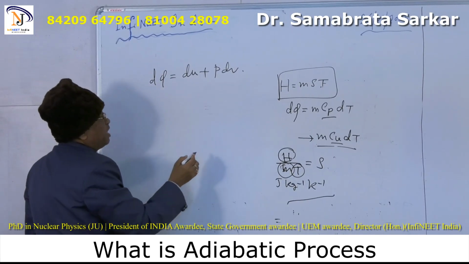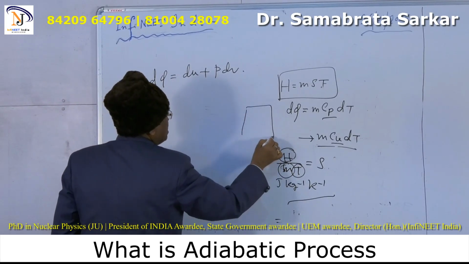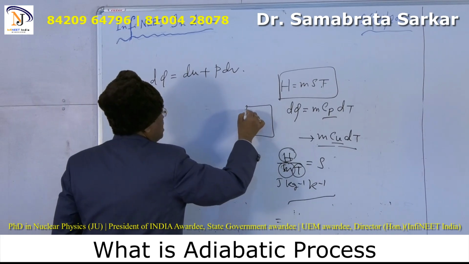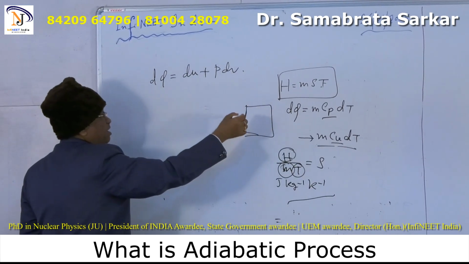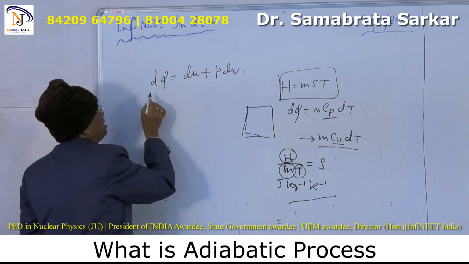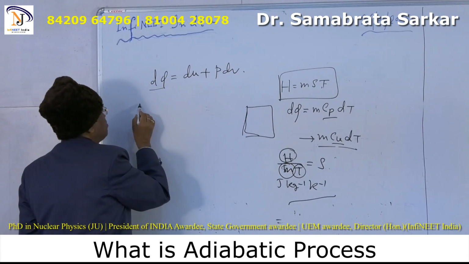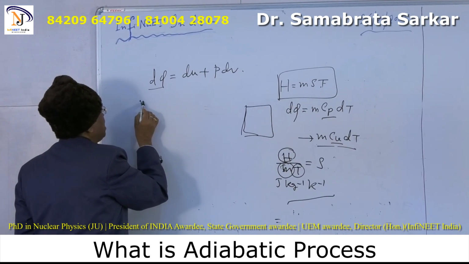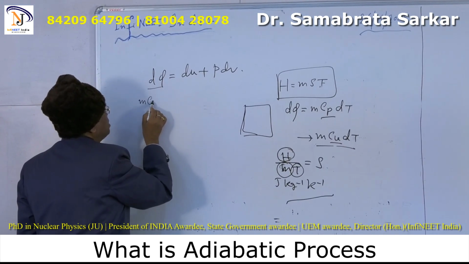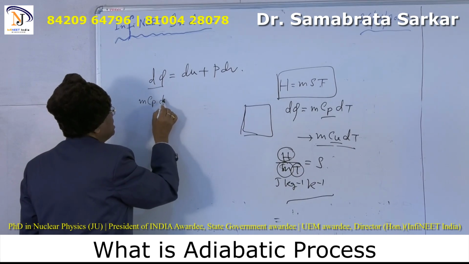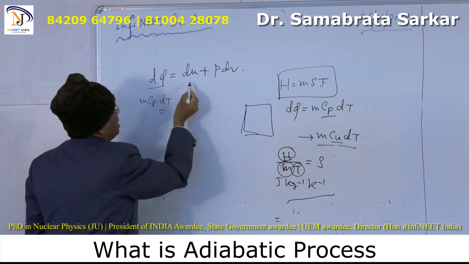Then you know dq. dq means the total heat. If the volume is expandable, if you are able to expand its volume, then dq is nothing but equals to m into Cp into dT, which is energy.